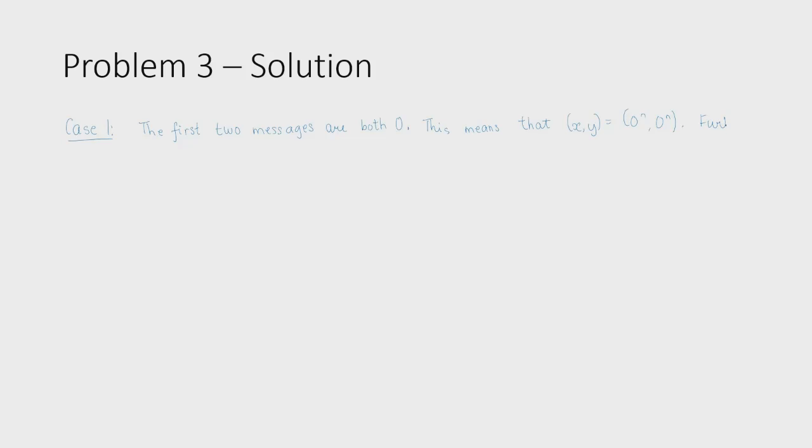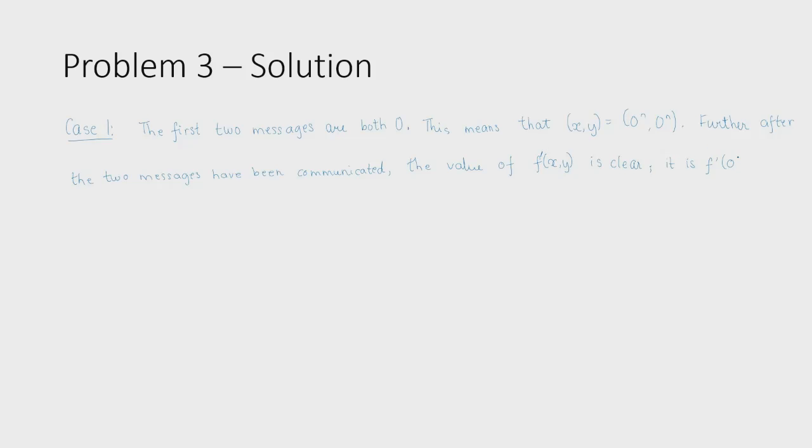Further, after the messages have been communicated, the value of f prime x comma y is clear, because they're computing f prime.